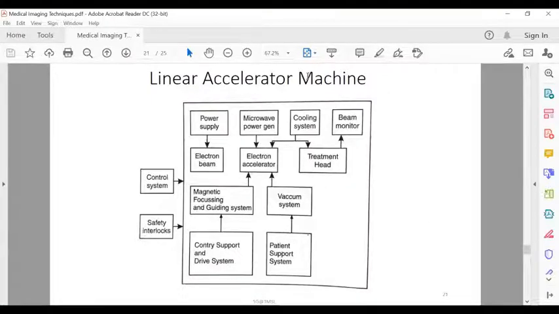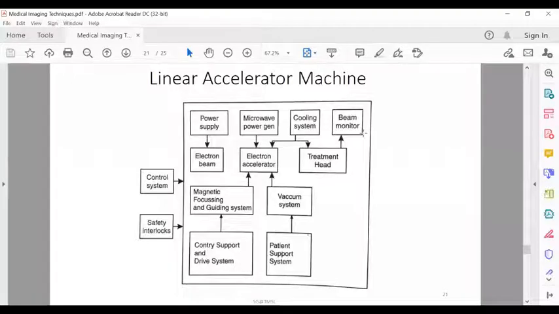Now, these X-ray machines used voltages in the range of a few hundred kilovolts, like 400 or 500 kilovolts, and correspond to a single energy of about a few hundred kilo electron volts.